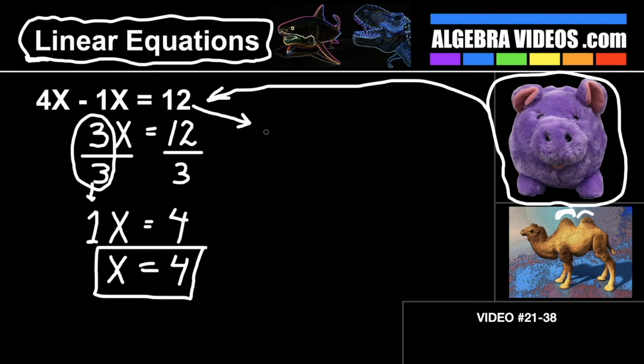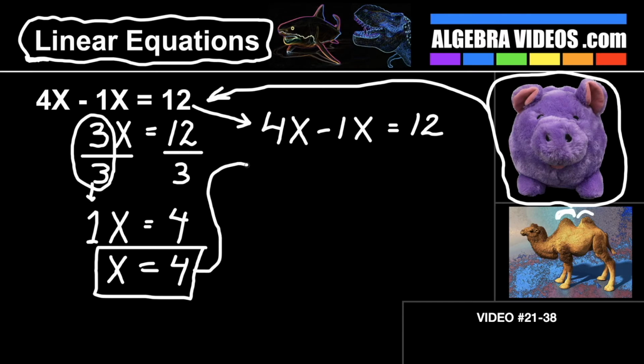Does it stay equal? So let me just first rewrite our original problem. 4x minus 1x equals 12. I'm going to plug in our 4. Let's do that and see if it stays true.